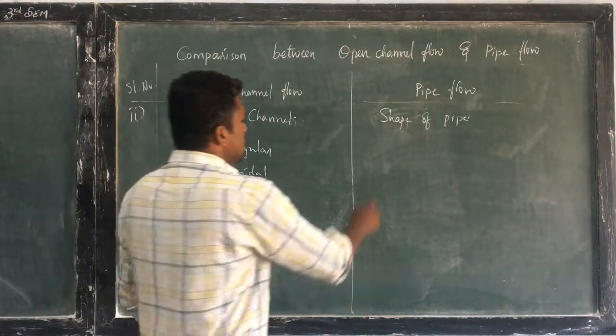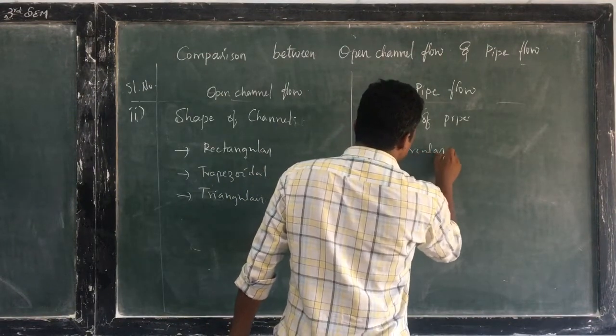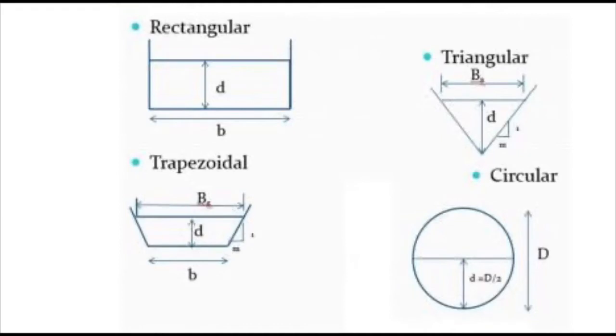Commonly in pipes we have circular. Commonly, rectangular channels are prepared in rocky strata, trapezoidal channels are prepared in soils, and triangular channels are prepared for measurements.